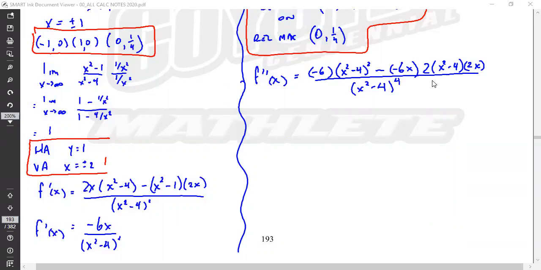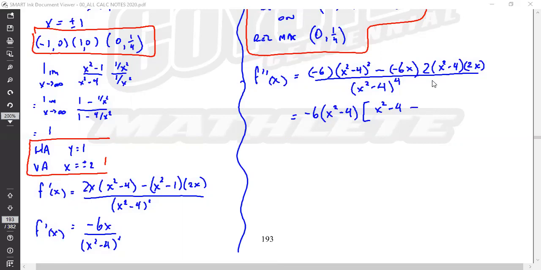We can now clean this up a bunch. I'm going to common factor out negative 6 from each of these. In the first half, we don't have any x's, so we're going to leave that. But x squared minus 4, we have at least one factor of that in each of the front and the back half. That's all I'm going to common factor out. That leaves me behind with, in the front half, just 1 of x squared minus 4.